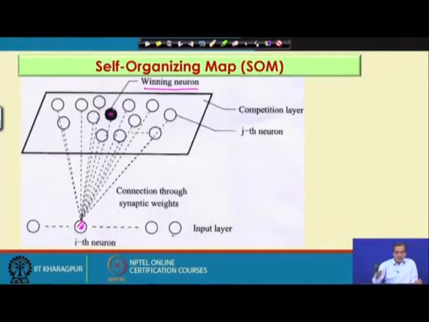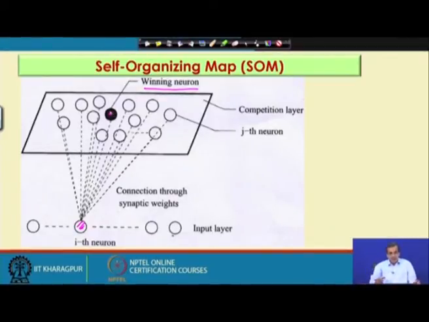Supposing that this is the winning neuron or the winning data point in lower dimension. Now, it is not in lower dimension, till now it is in higher dimension. So, corresponding to this ith data point, I can find out this particular winner, that means the winner Wji values.